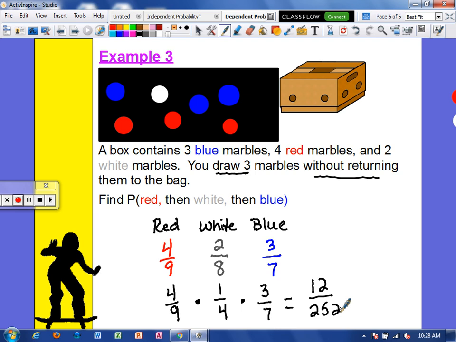All right, 252 can actually be divided by 12. So if we were to reduce this, 12 divided by 12 is 1, and 252 divided by 12 is 21. So there is a 1 in 21 chance that this could happen. That is definitely way less than half, so this is unlikely to happen.